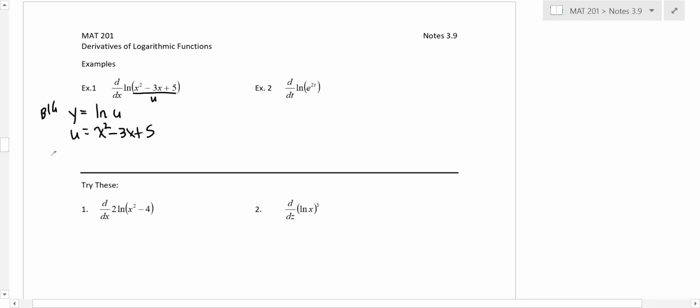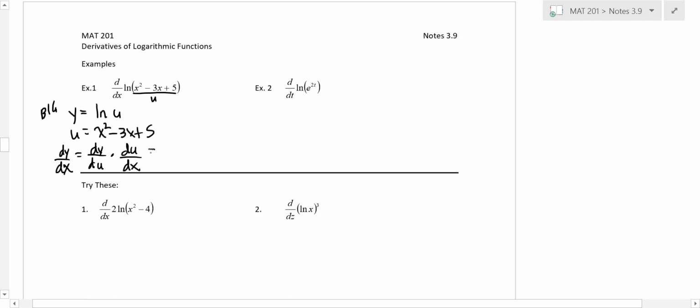When we learned the chain rule this way, we said dy over dx is equal to dy over du times du over dx. That's what we learned. So I'm going to do it this way first, then I'm going to show you how to bypass that thought process.